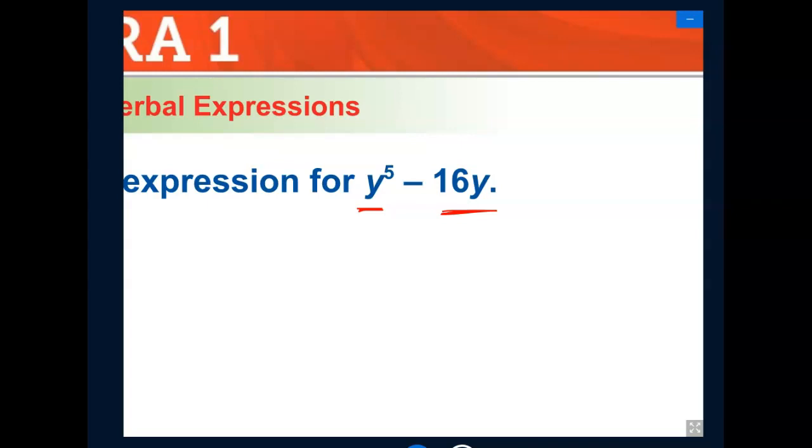When the number is tinier and up high, we say that it's a power. So this little 5 is a power. Another word for power is exponent. So first week back to school in math is usually a lot of vocab.